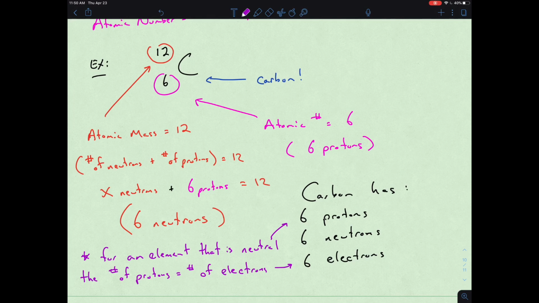So that allows us to determine all the number of particles present in an element based on the elemental symbol, the atomic mass, which is the sum of protons and neutrons, as well as the atomic number, which is the total number of protons within an element.